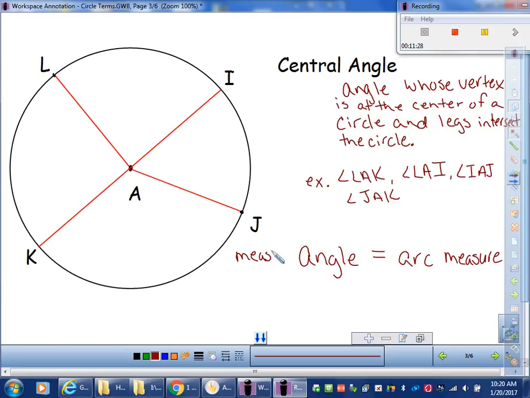So the measure of the angle is equal to the measure of the arc. So let's say if this was 50 degrees, then my arc IJ would also be 50 degrees. Please keep that in mind.